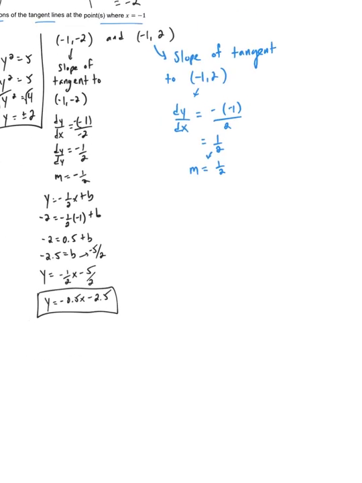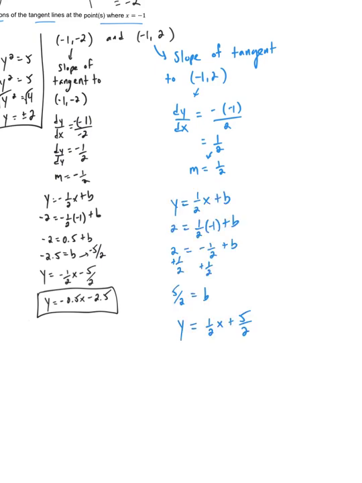We'll go ahead and do that exact same process. When we plug back in and solve for our y-intercept, we get b equals 5/2. And then if you're using decimals, that's 0.5x plus 2.5. So these are the two equations of the tangent lines at the points where x is equal to -1.